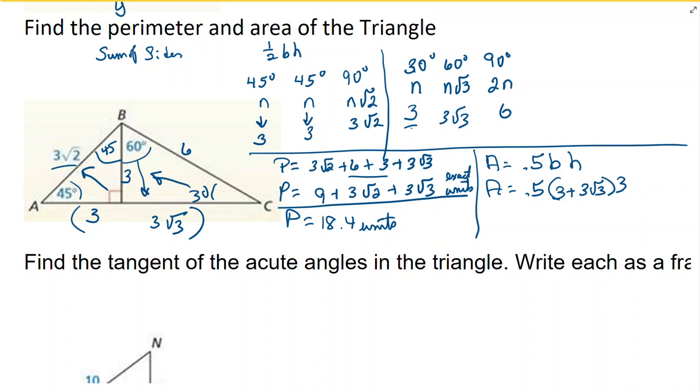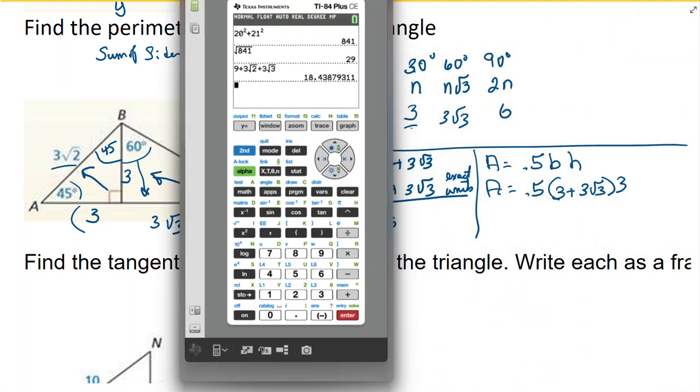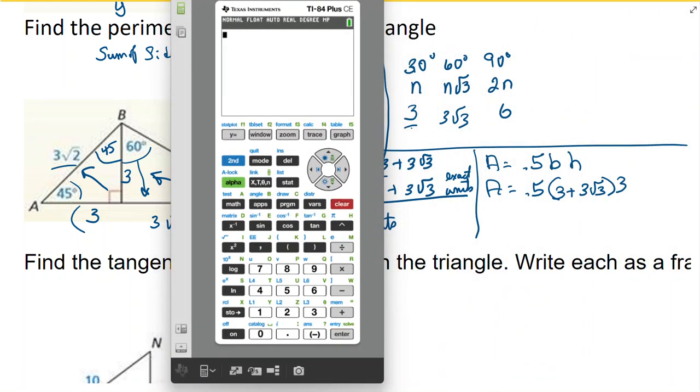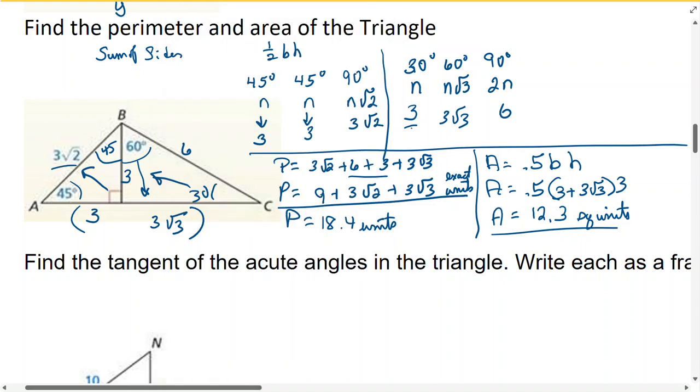So we're going to enter that in our calculator, and I'm going to get approximately 12.3 square units. All right, so I got that part done.